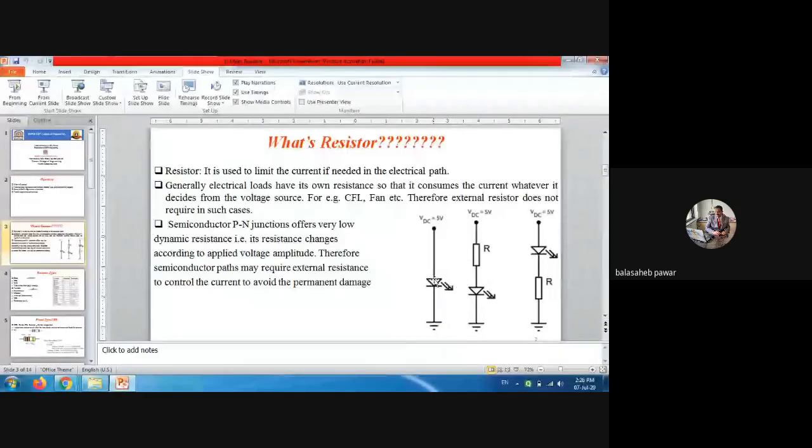If it is 6 volt, and the resistance offered by the LED is 6 ohm, then I equals V by R, just by applying KVL to this loop, V equals IR. So I equals V by R, applied voltage of 6 volt divided by the resistance of that path, which is provided by that LED, 6 ohm. So simply here we can say the amount of current flowing through that path will be 1 ampere.